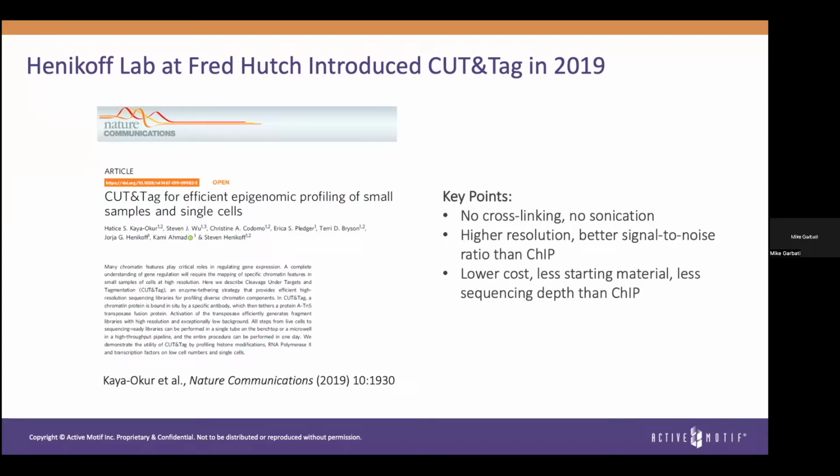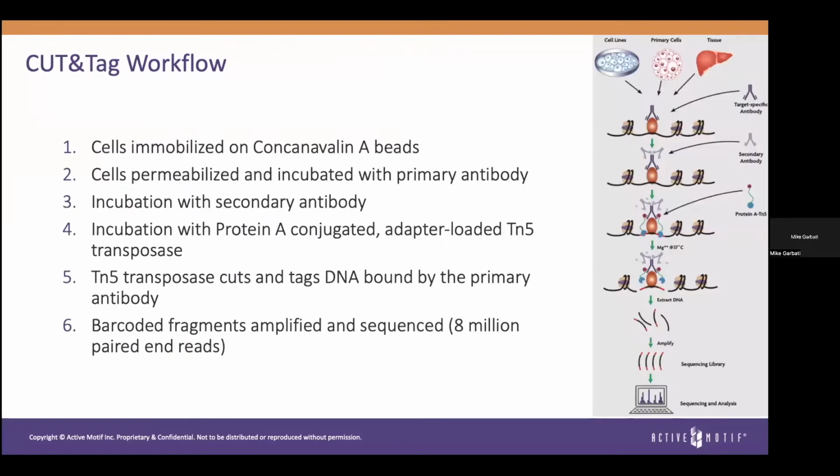Now let's take a look at the CUT&Tag workflow. First, cells are immobilized onto concanavalin A beads. Next, they're permeabilized and incubated with a primary antibody against a histone-marked target.